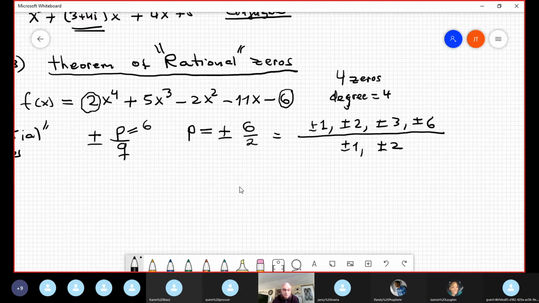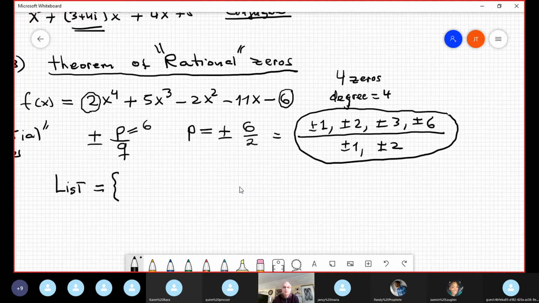the list of potential zeros of our polynomial using this formula. Look at that. The order is not important. For example, you start with 1. So 1 divided by 1, 2 divided by 1, 3 divided by 1, and 6 divided by 1. So basically it's plus or minus 1, plus or minus 2, plus or minus 3, plus or minus 6. And now 2. 2 divided by 1, by 2, by 3, and by 6 again. So 1 divided by 2 is 1/2, so plus or minus 1/2.